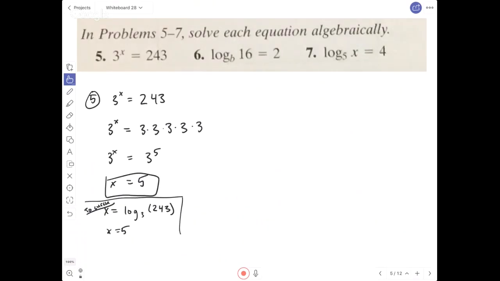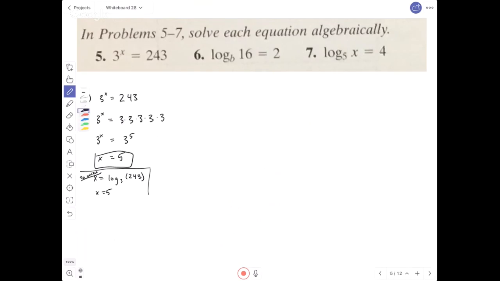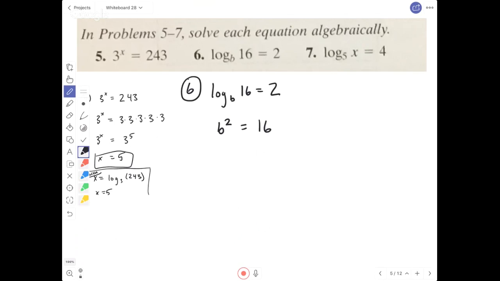It's number 5. Out of the way. Number 6. Log base b of 16 equals 2, which means that b squared must equal 16. So square root, I've got b equals 4.